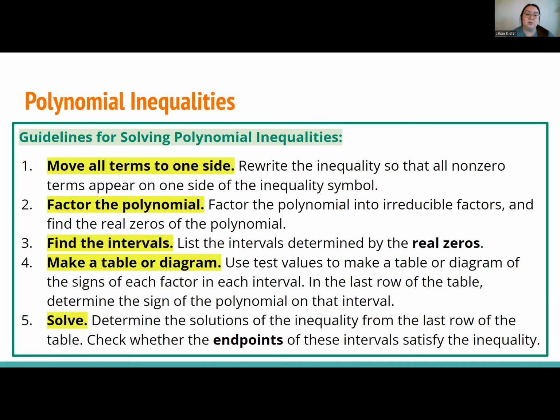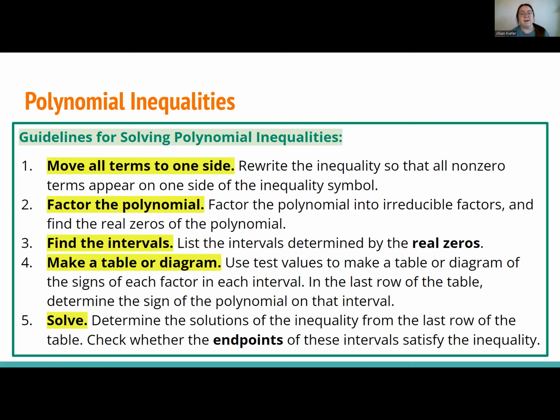Then step 2, you would factor the polynomial. Given that all of your terms are on one side, you've got one polynomial greater than or less than 0, maybe with some equal to's in there, but then you want to factor your polynomial into its irreducible factors, as much as you can reduce them without any imaginary numbers.